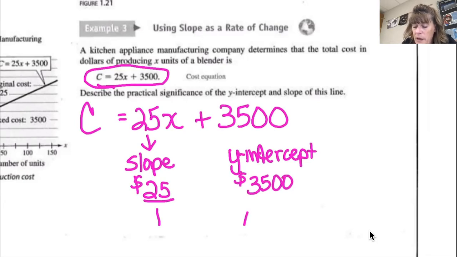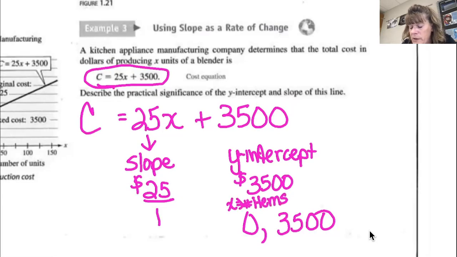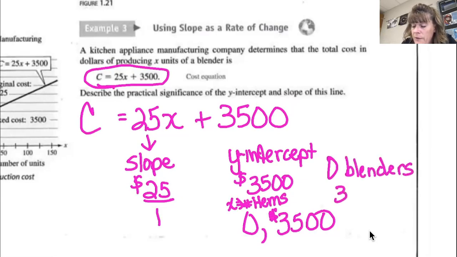So that means at 0 is 3,500, where 0 is the number of items, or in this case, blenders. So at 0, if 0 blenders are produced, it costs $3,500.